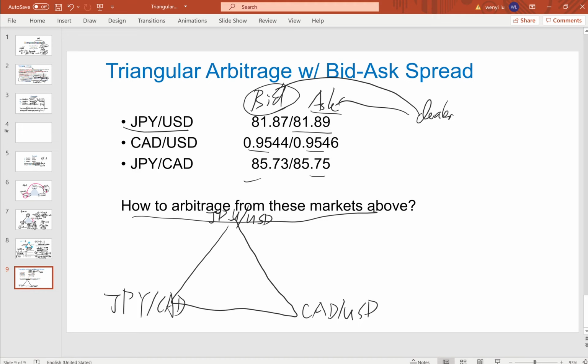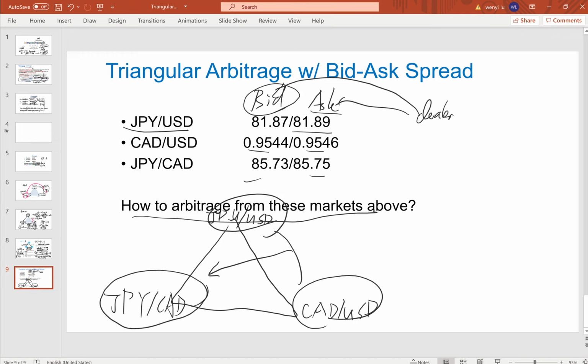Then from these two quotes, you can apply the knowledge from the last video to solve the implied cross rates to compare with this one. Then from the comparison, you can determine which currency is undervalued, which currency is overvalued. Then based on your conclusion, you can form the arbitrage process to solve the profit.